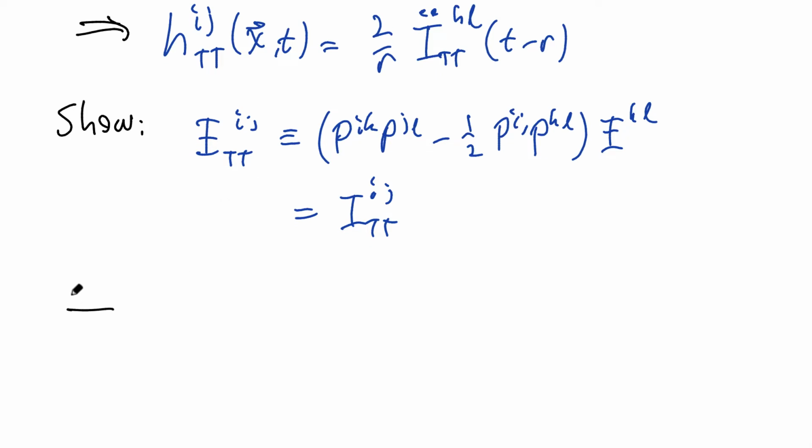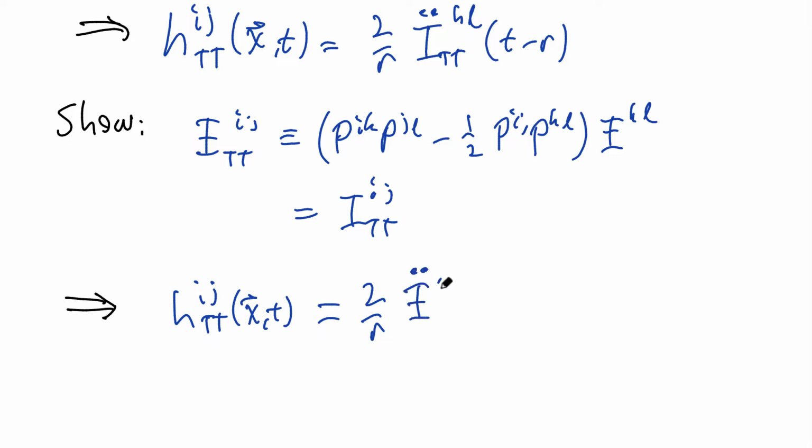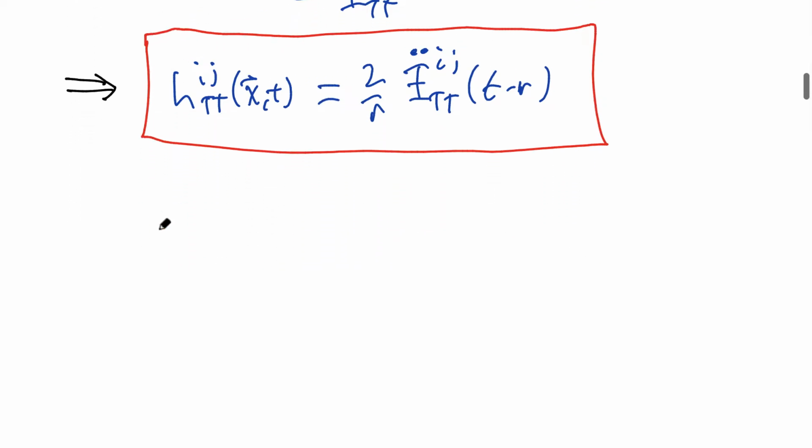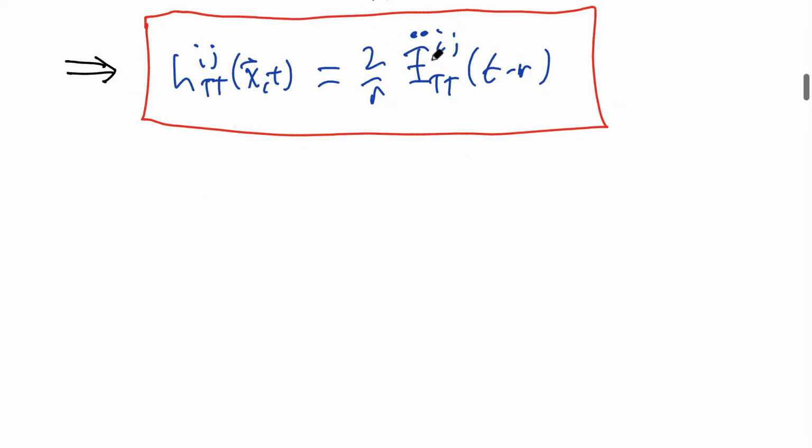So the result is h_ij TT of x and t equals 2 over r times the second time derivative of the reduced quadrupole moment, the TT part, evaluated at the retarded time t minus r. This is our main result, connecting the source motion to the gravitational waves that they produce.